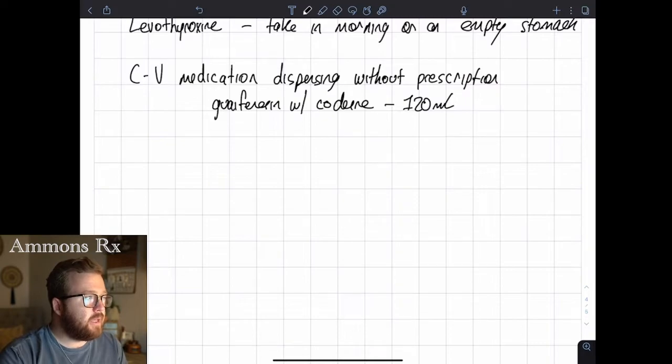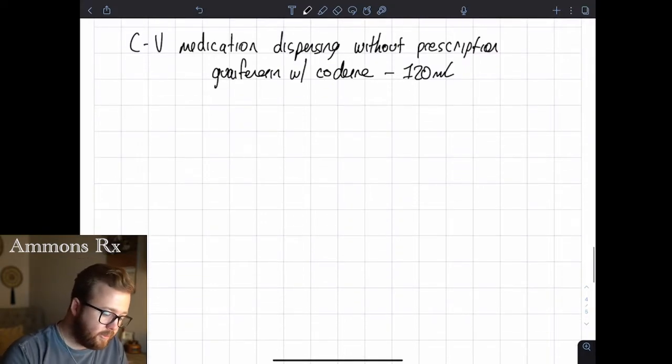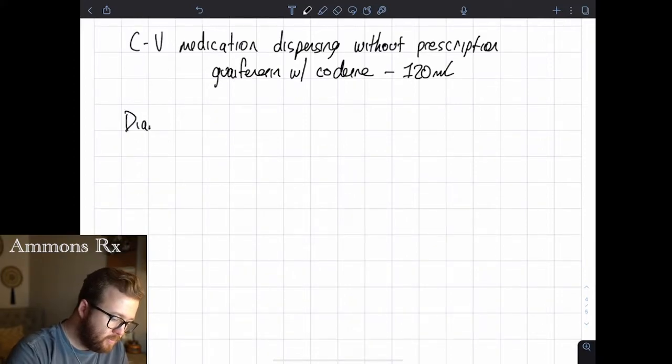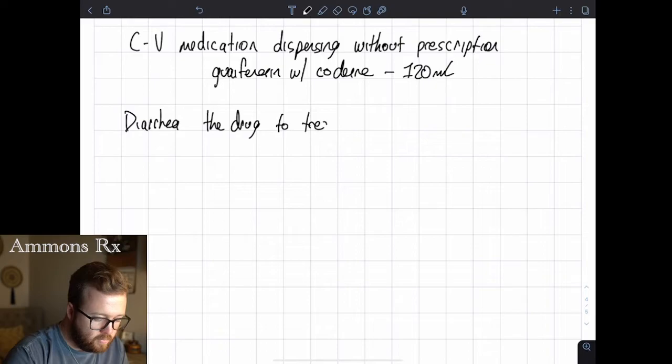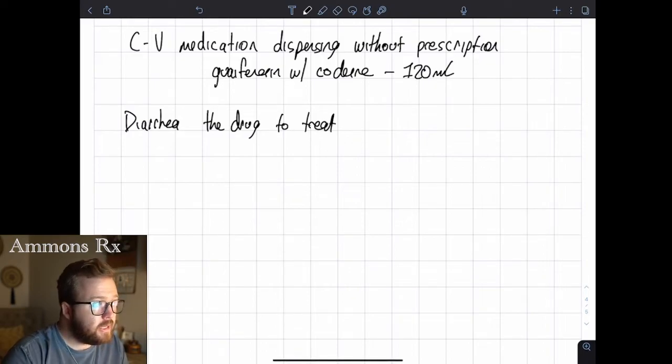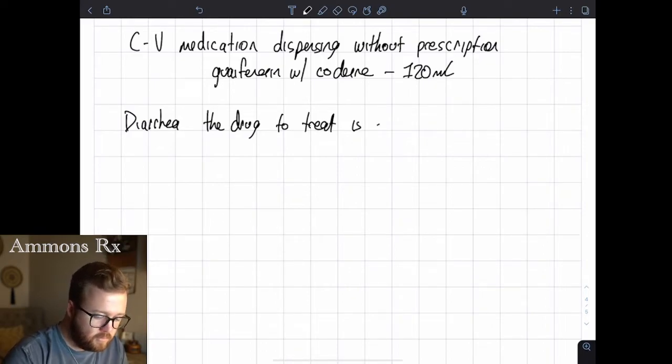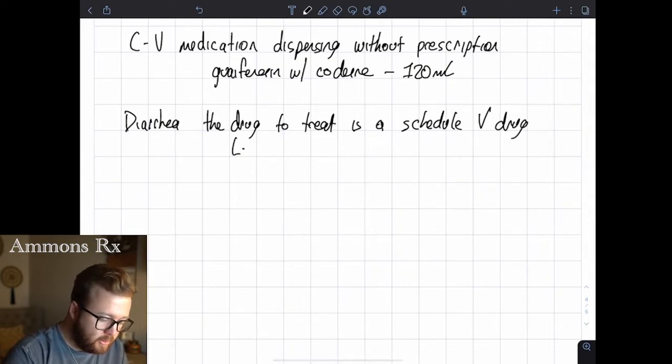This person has an intense flu, and they are suffering diarrhea. The drug that they're going to use is actually a controlled medication called Lomotil.